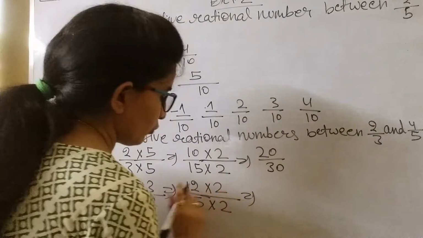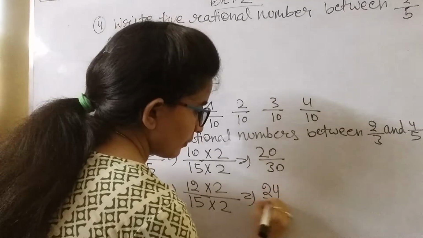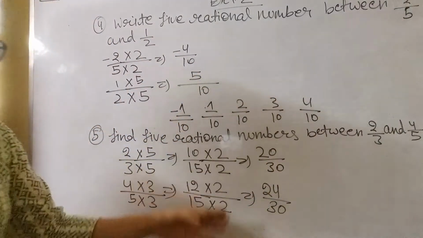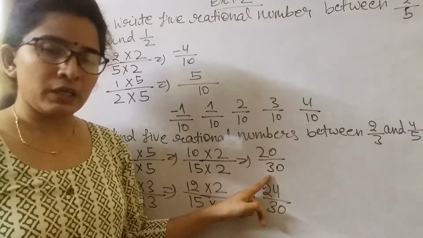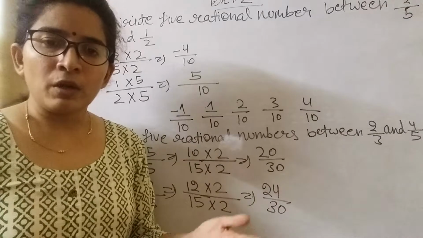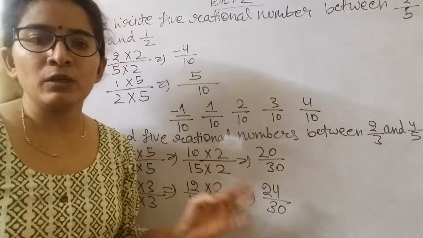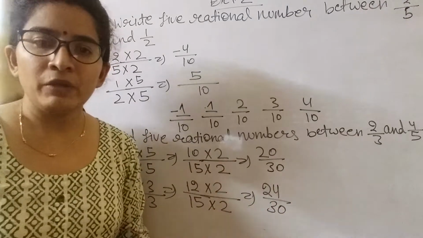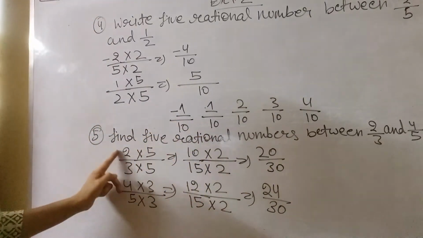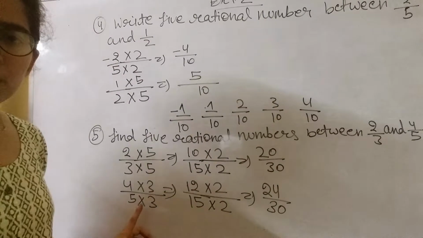That will be 24 upon 30. Now if we see, between 20 upon 30 and 24 upon 30, there are only 3 numbers which lie between these two numbers, but we need 5 rational numbers between 2 upon 3 and 4 upon 5.